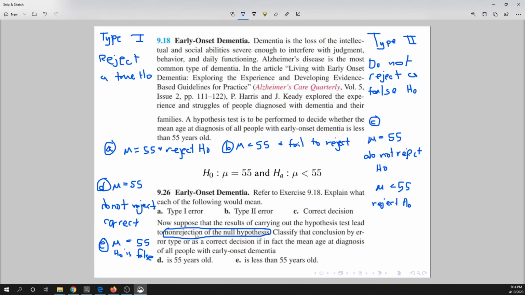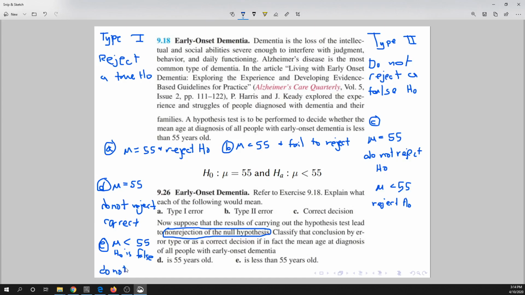And then what do we end up doing? Here they say you end up not rejecting it. Let me write that inequality, because it's hard to tell if that's a really messed up looking equals or actually a less than. So they tell us the truth is that the mean is less than 55. That means that our null hypothesis is false, and then we do not reject. They tell us that's what ends up happening. You do not reject it.